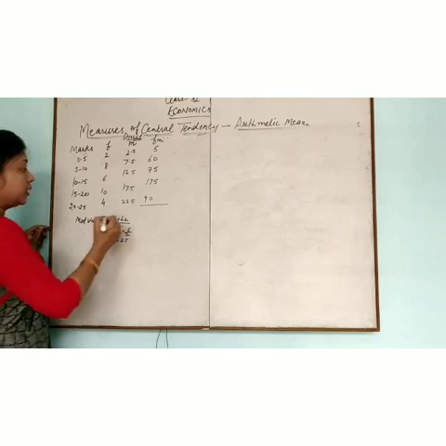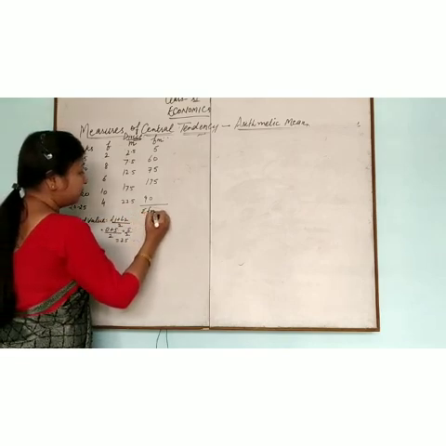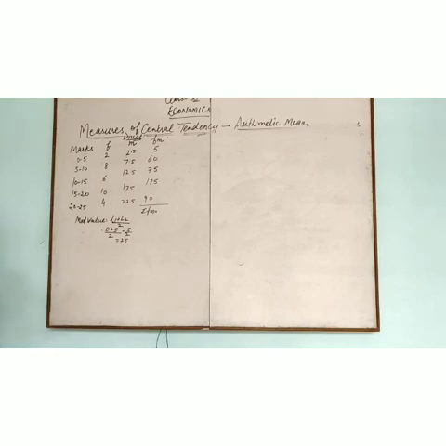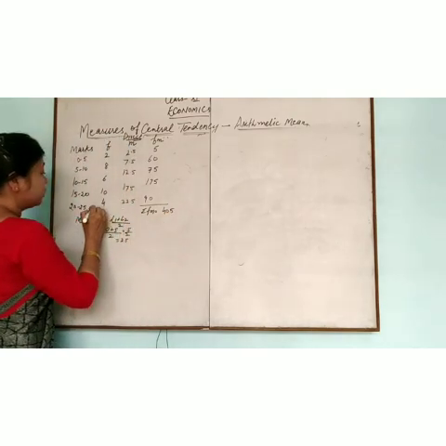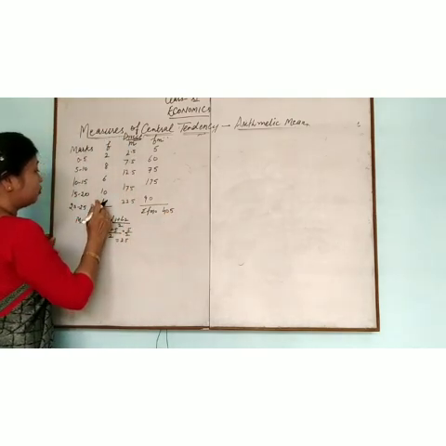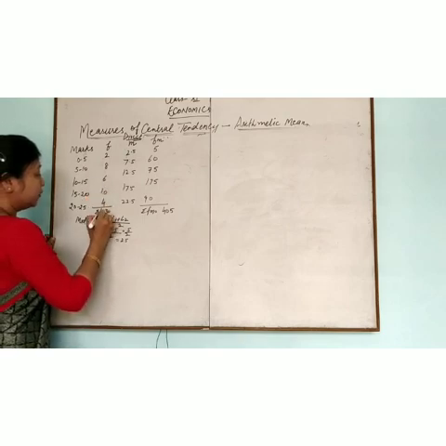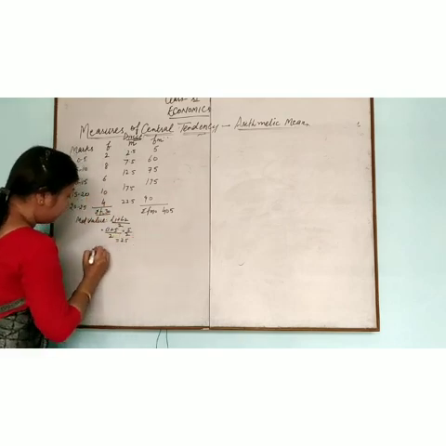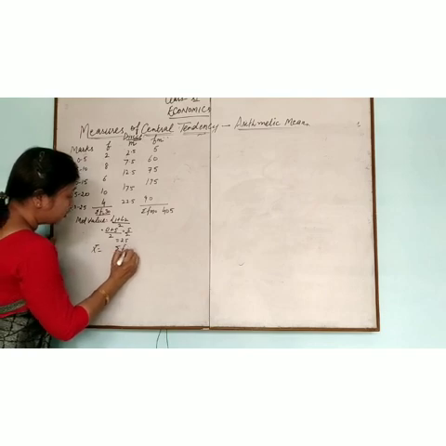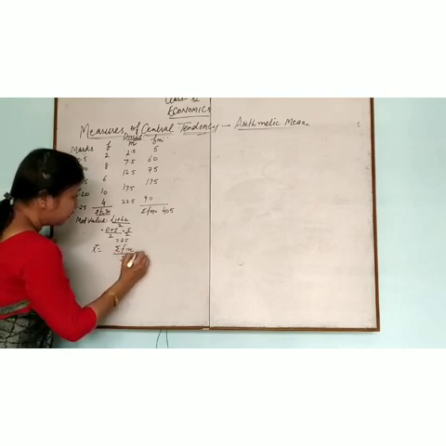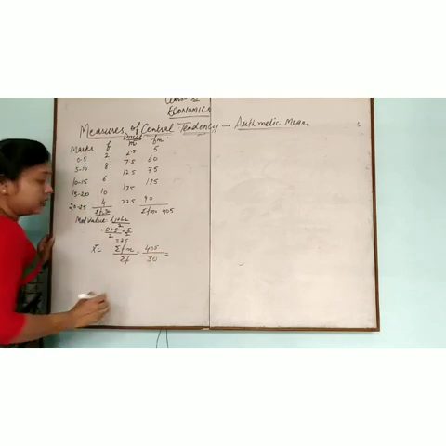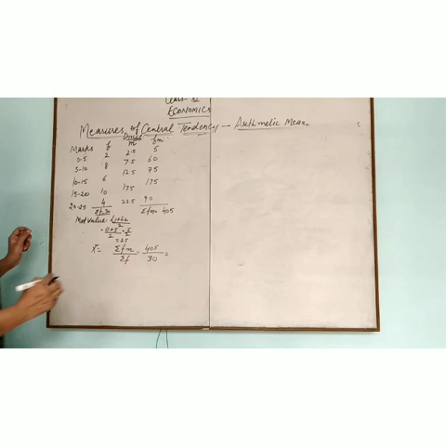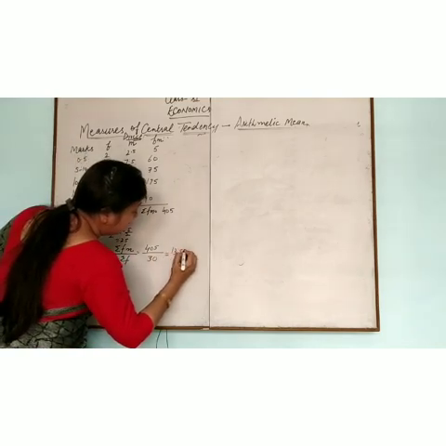Now we will do the sum. The sum of fm is equal to 405, and the summation of frequency is equal to 30. So the formula of x bar is equal to summation of fm divided by summation of f. 405 divided by 30, and this value is equal to 13.50.